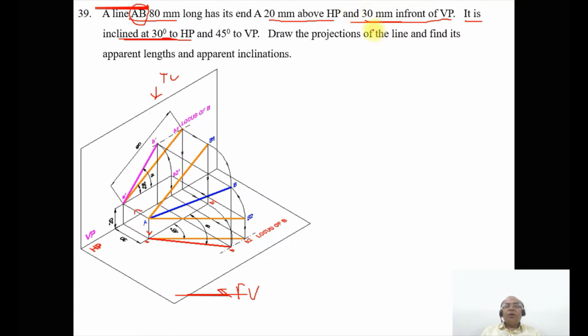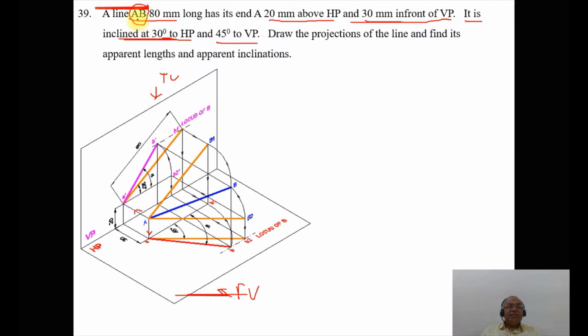Parallel to VP means it is 30 mm in front of VP. So capital A is 30 mm in front of VP and capital B1 is also 30 mm in front of VP. This is the actual length of the line, the true length, which is capital AB1.